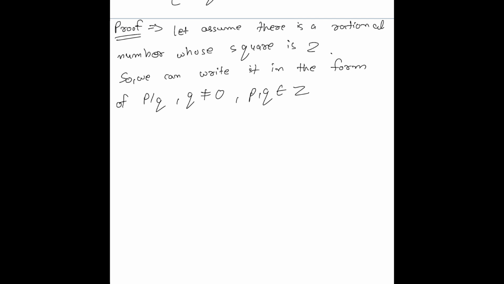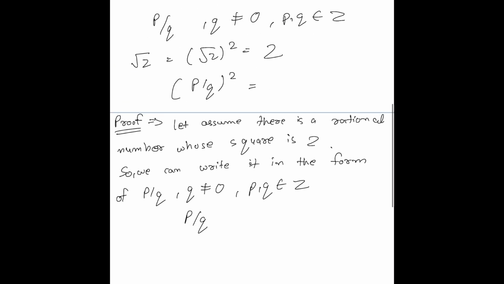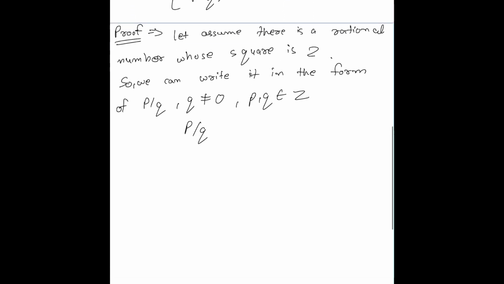So now we have p by q, whose square is 2. When we square it, we will get p square by q square is equal to 2. We will get p square is equal to 2q square.